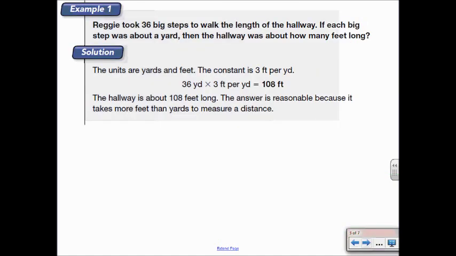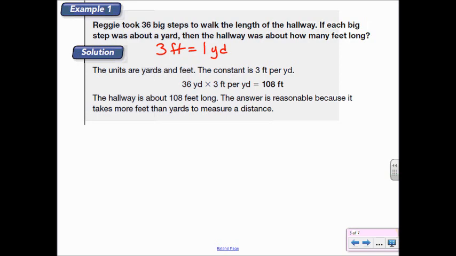So the first example says, Reggie took 36 big steps to walk the length of the hallway. If each big step was about a yard, then the hallway was about how many feet long? So on the previous table, we saw that 3 feet equals 1 yard.